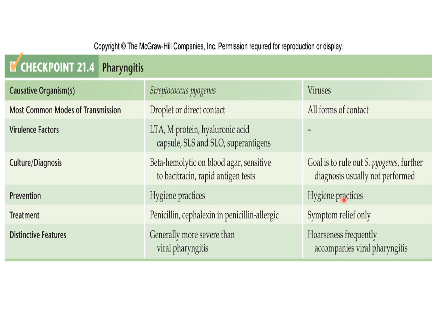Prevention: hygiene practices in both. As a distinct feature, it is generally more severe than viral pharyngitis, and exudative tonsillitis goes always with strep pyogenes.